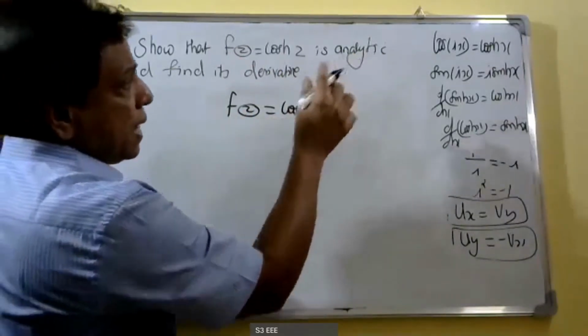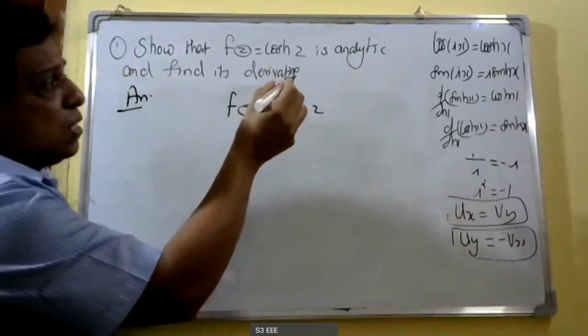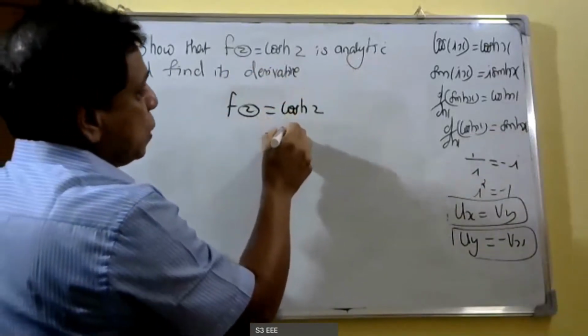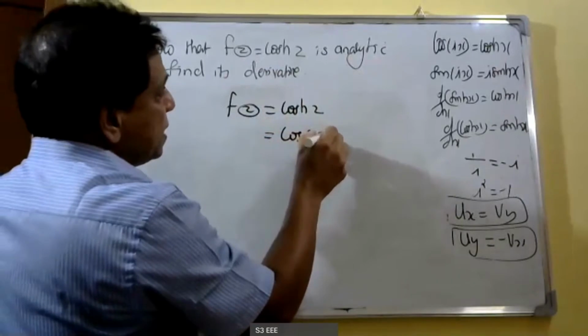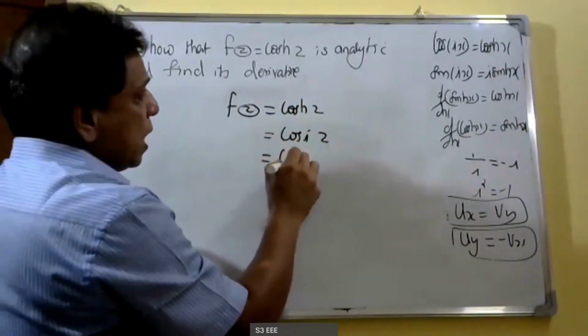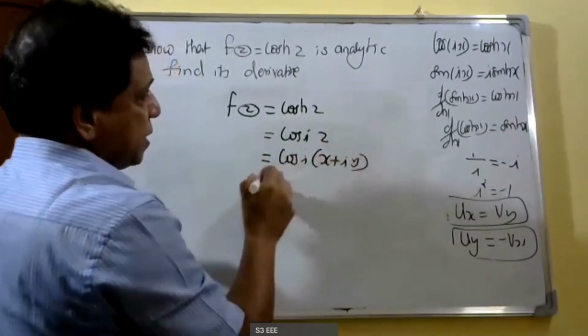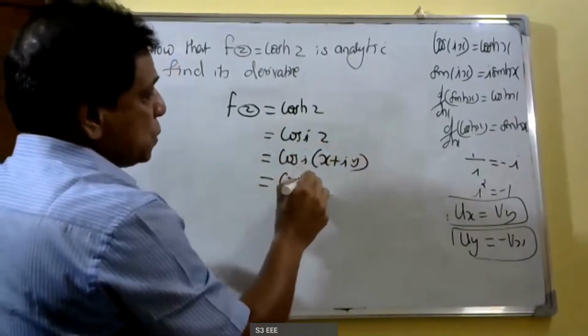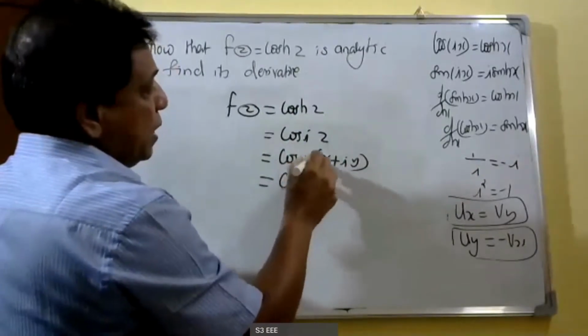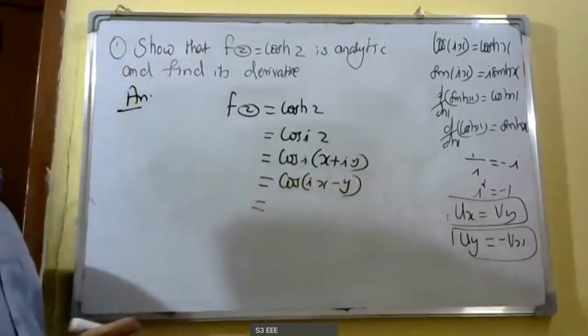Cosh z can be taken, using the formula cos ix = cosh x, as cos(i z), with z = x + iy. Releasing the bracket, cos(ix + i²y), therefore cos(ix - y).